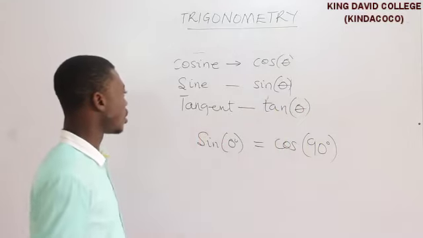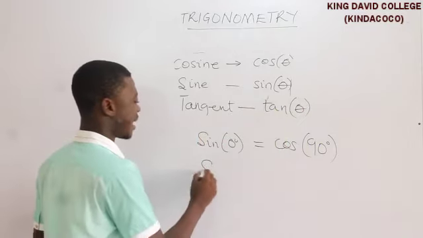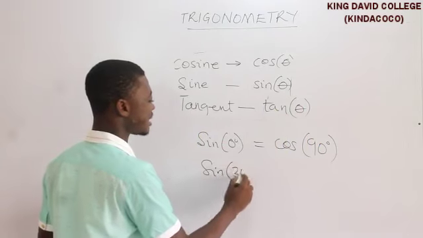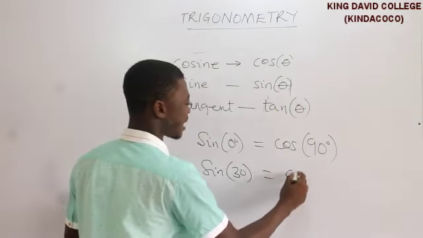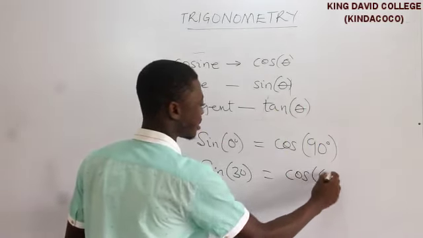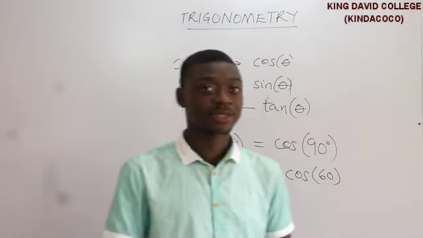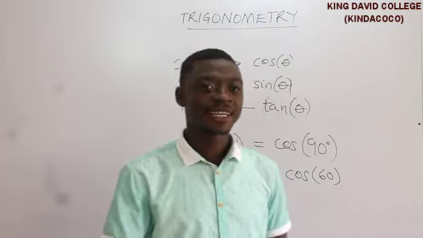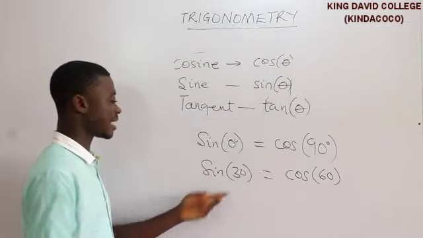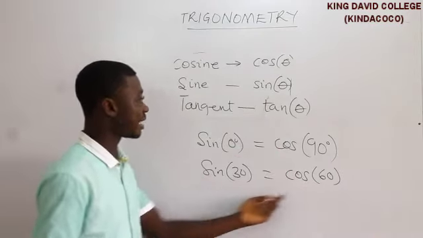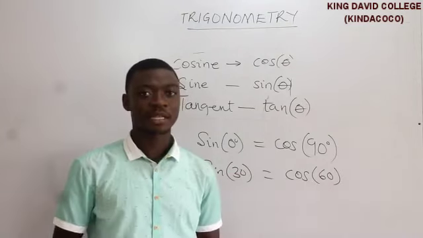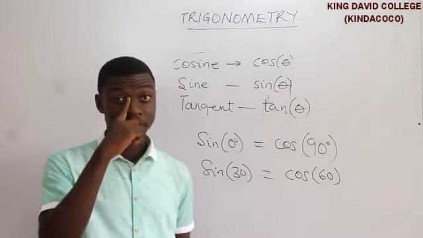Okay, so something like this, sine 30 will give me the same answer as what? Cos 60. So if you should sum the two angles, you should see that it's what? 90 degrees. So the phase displacement between a sine and a cosine is 90 degrees.